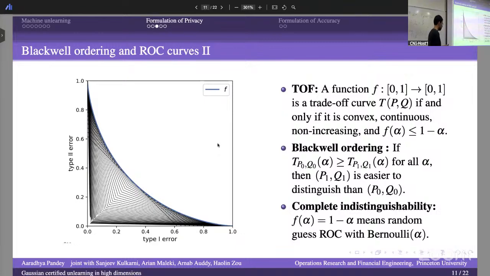We have two functions, f and g, both of this trade-off kind: convex, continuous, and so on. We say one function is greater than or equal to the other if it is greater than or equal for all alpha. So it is definitely a partial order, because not every two functions are comparable. I suppose that is clear.